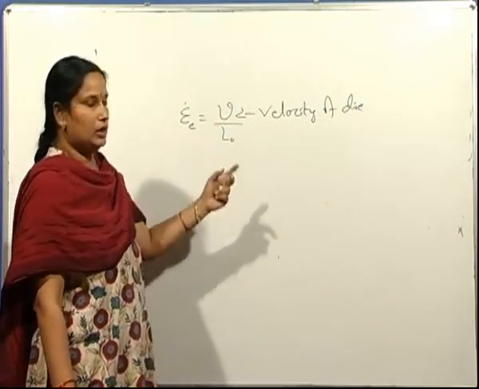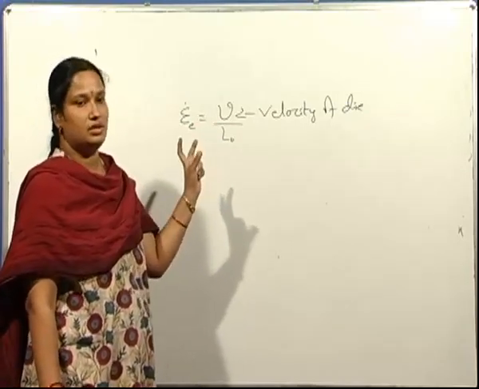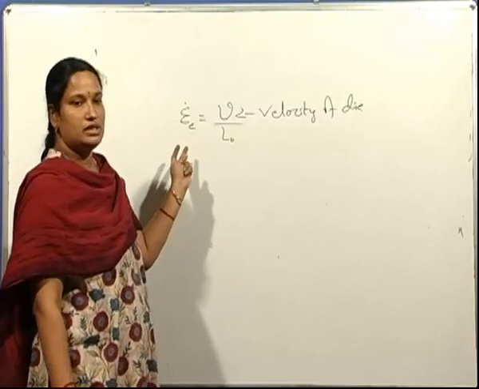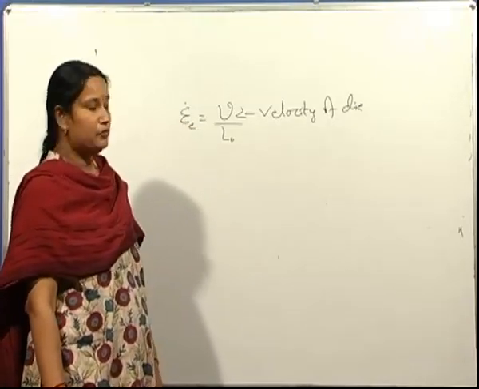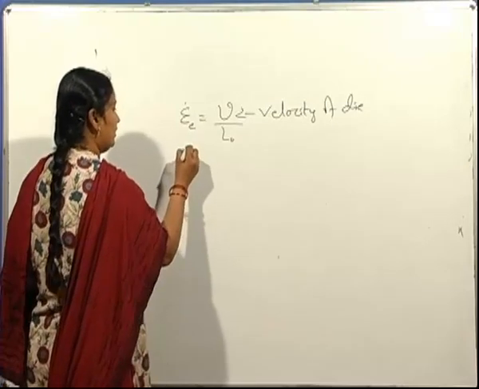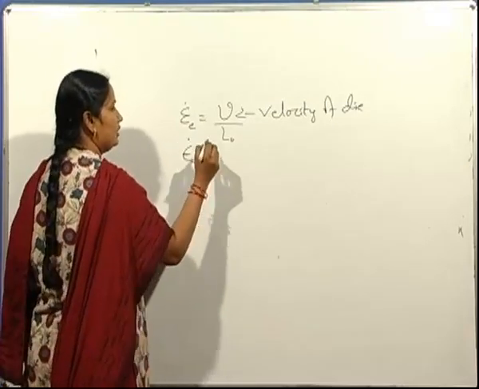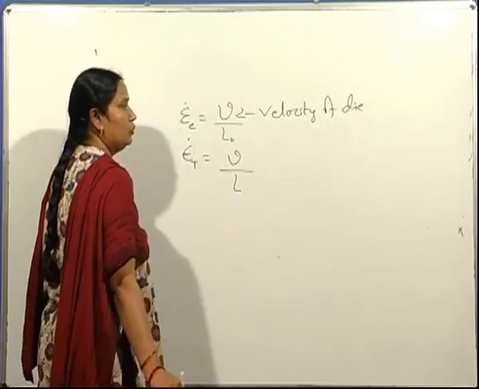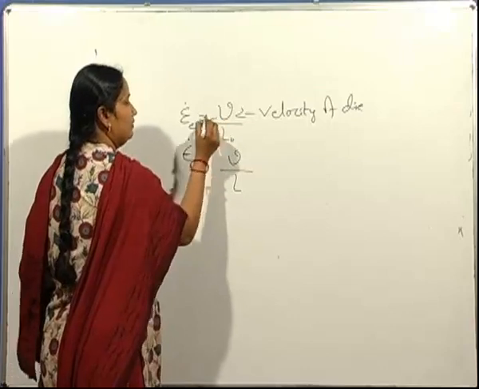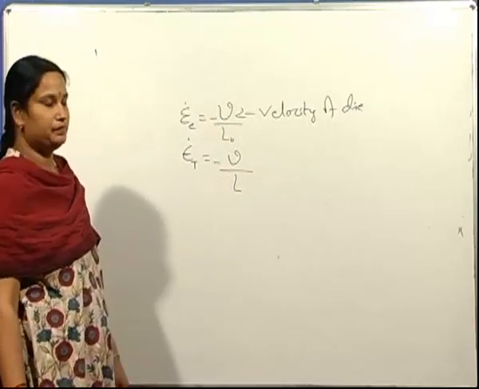So to carry out the compression test at constant strain rates, there is not much problem for the case of engineering strain rates. But for the case of true strain rate, this is equal to velocity of the die by L, where here we need to include a negative sign because it is compression.